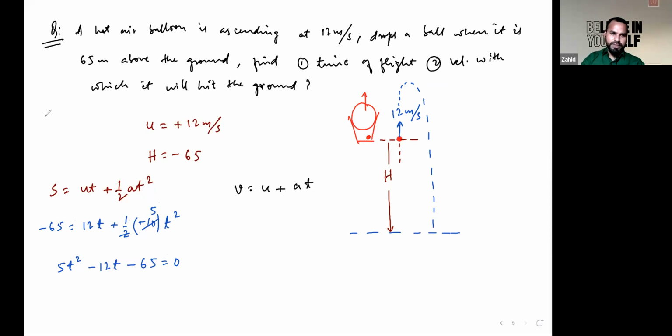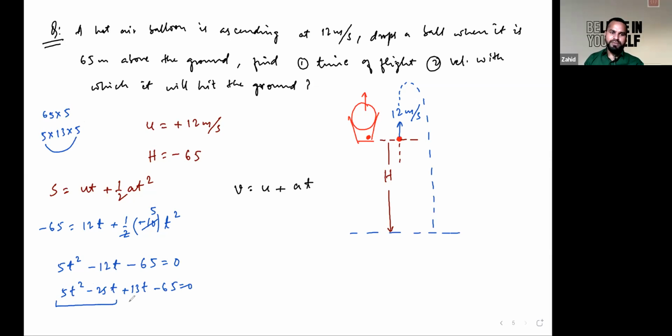So you will get 65 into 5 as the product to factor, so it will be 13 into 5. 5 into 5 would be 25 and 13. So you will break it as 5t squared plus 13t minus 25t minus 65 equals 0.